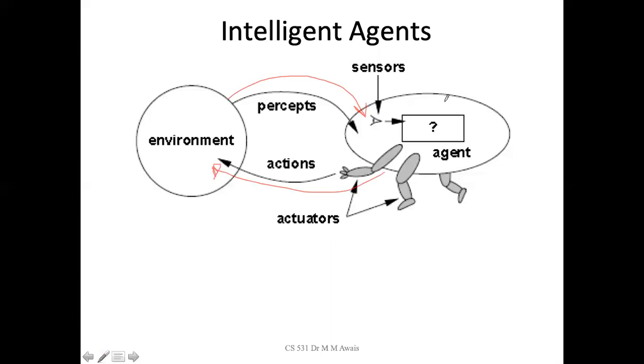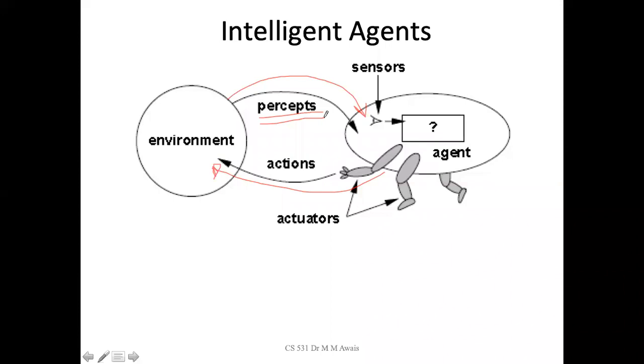The decision of converting your percepts, and here percepts are whatever is being understood from the environment. So you have sensors, and using those sensors, you try to perceive what your environment is at this particular point, or what the state of your environment is, along with the state the agent is in.